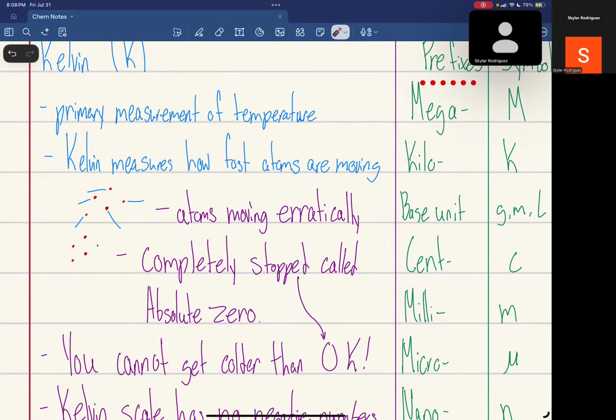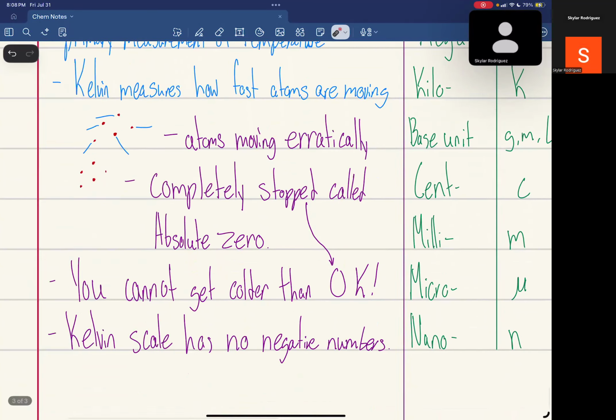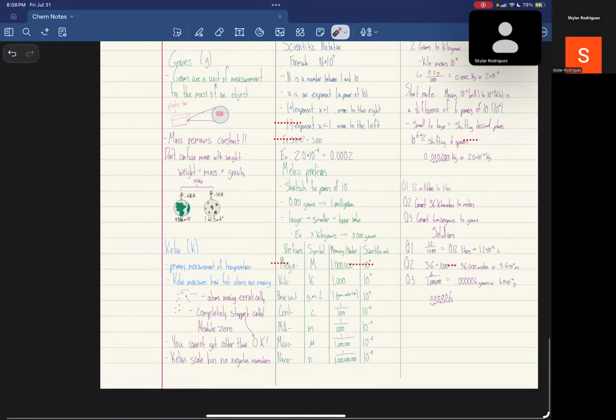You cannot get colder than 0 Kelvin, as atoms are at a complete standstill, which means the Kelvin scale has no negative numbers. If you wanted to know how cold that is in Fahrenheit, it is negative 459.67 degrees Fahrenheit.